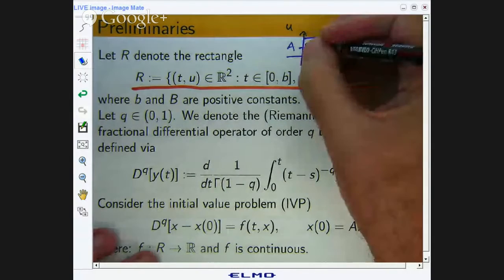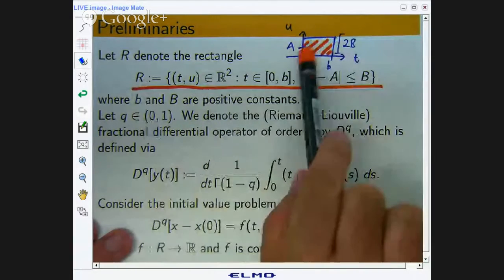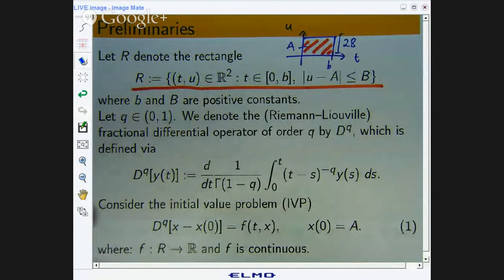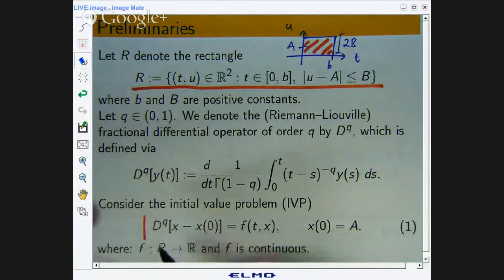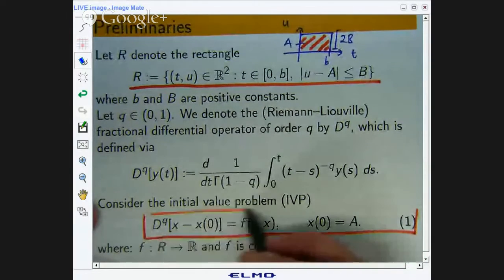Okay, so this then is this rectangle. That's going to turn out to be the domain of a function in our differential equation. Now, here is the problem that we are going to look at.